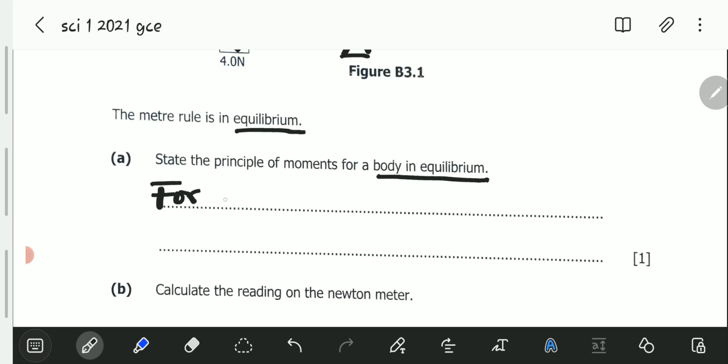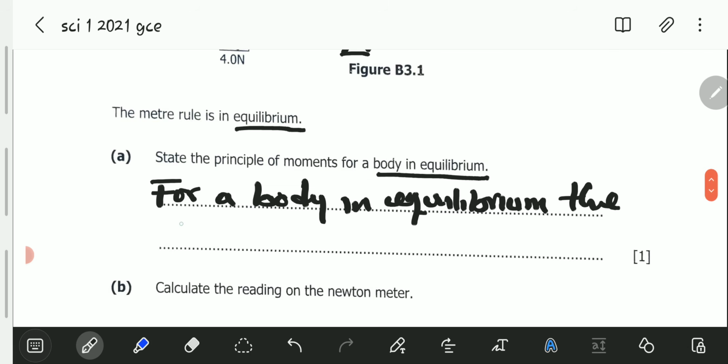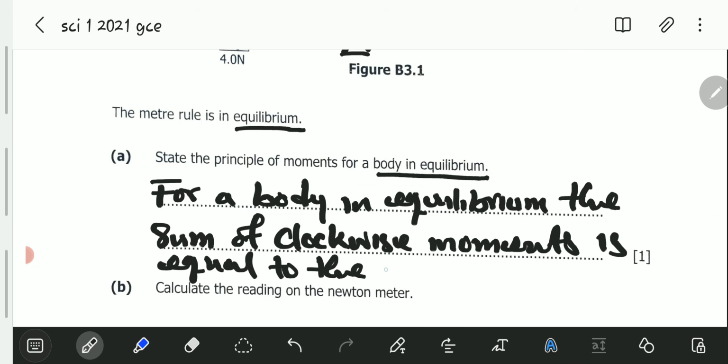For a body in equilibrium, which they've told us, the sum of clockwise moments is equal to the sum of anticlockwise moments.